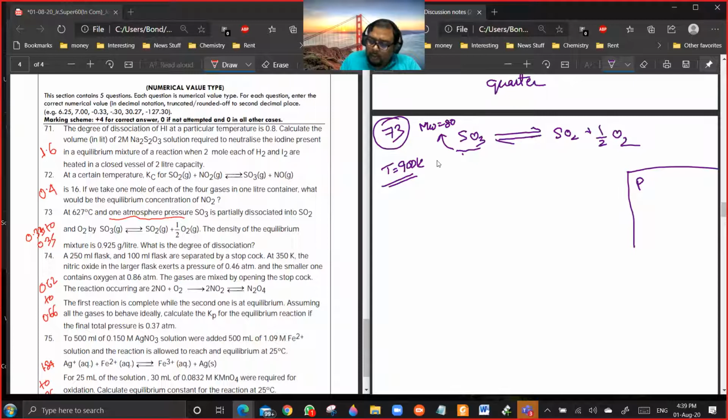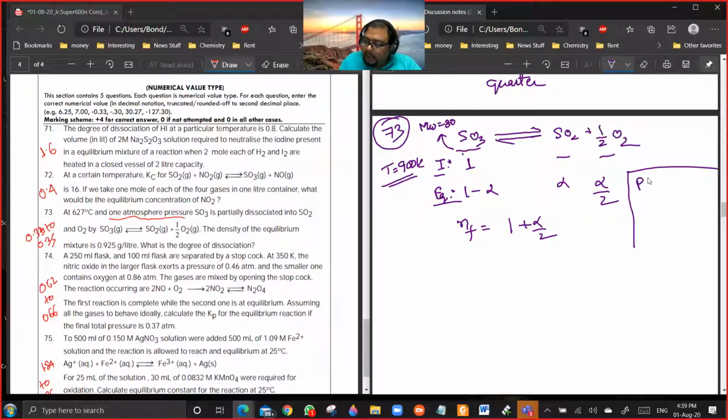So say initially I am starting with 1 mole of this, 0 and 0. Then at equilibrium, suppose it is 1 minus alpha, alpha, alpha by 2. So what will be the final number of moles at equilibrium? 1 plus alpha by 2.